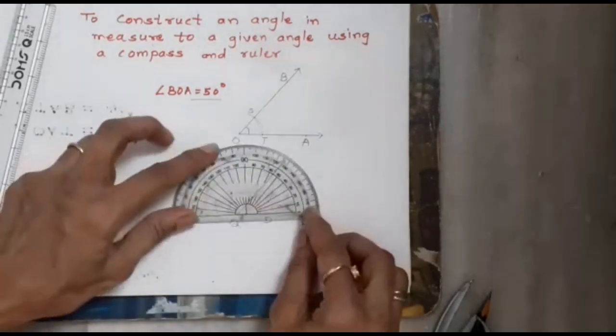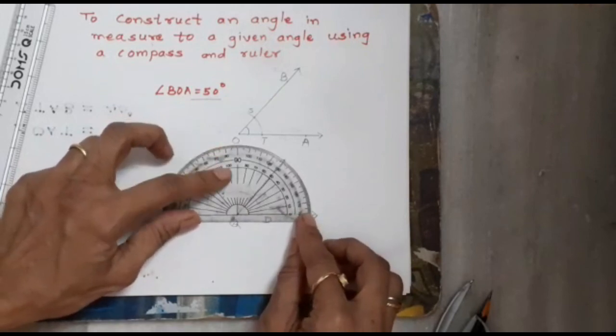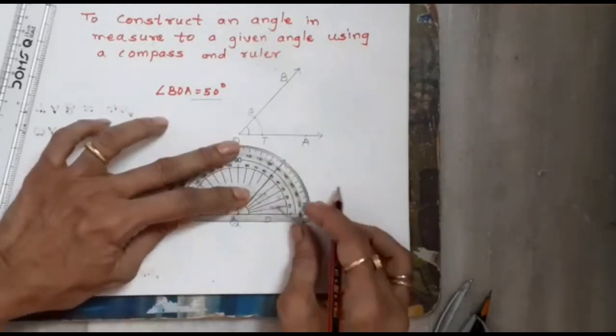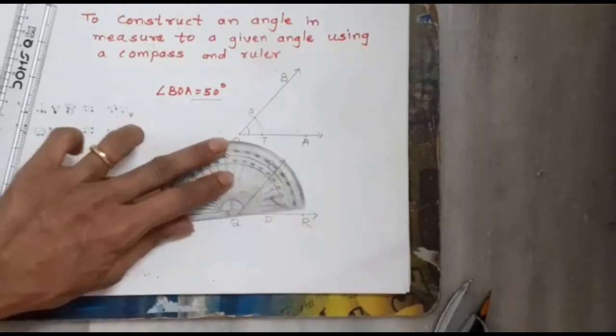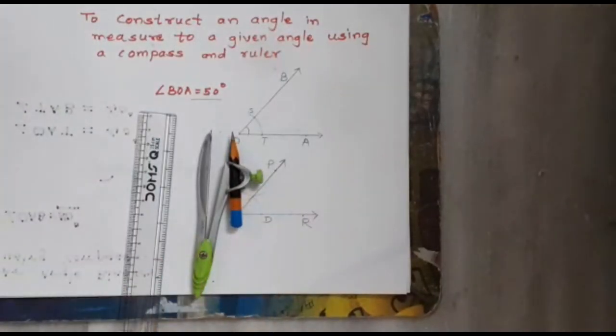Let's verify whether it is the same or not. Now with the point Q, see here, it is 50 degrees, right? This means with the help of compass and ruler, we can draw an angle equal in measure to a given angle.